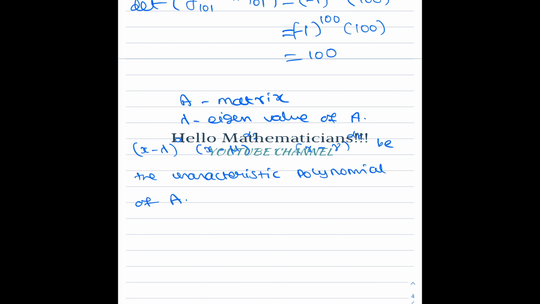Given this number alpha 1, the power of the factor x minus lambda in the characteristic polynomial, that is what we call the algebraic multiplicity of lambda.